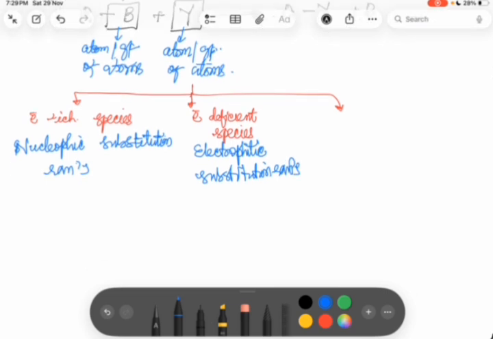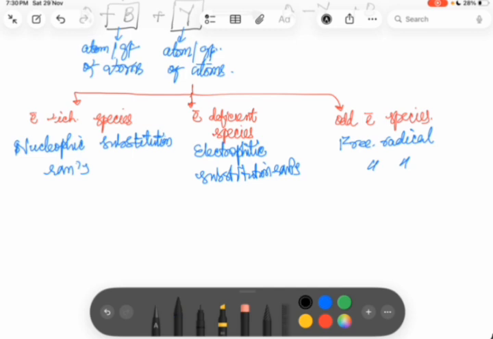And if this Y happens to be an odd electron species, then this reaction is termed as free radical substitution reaction.